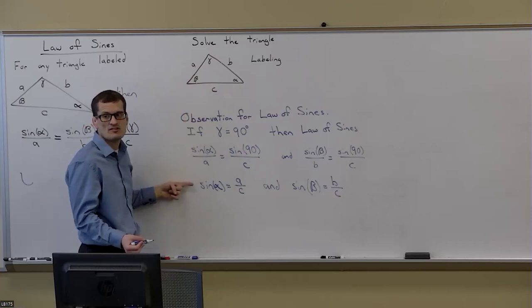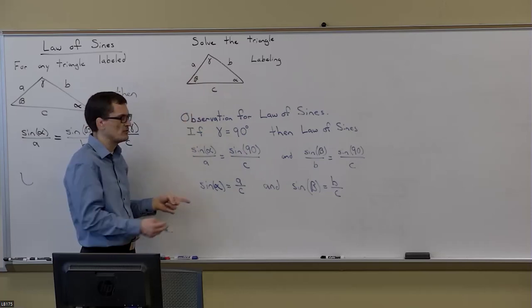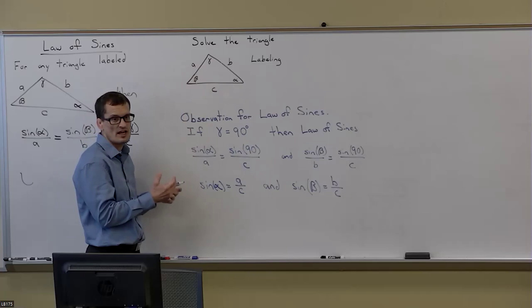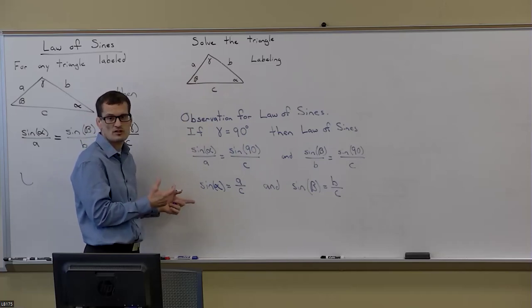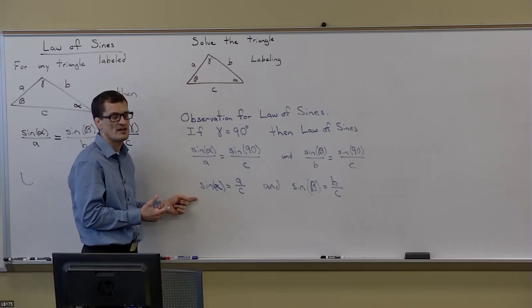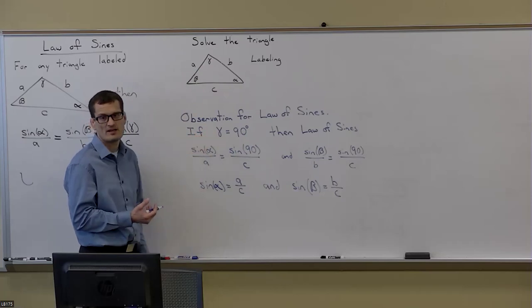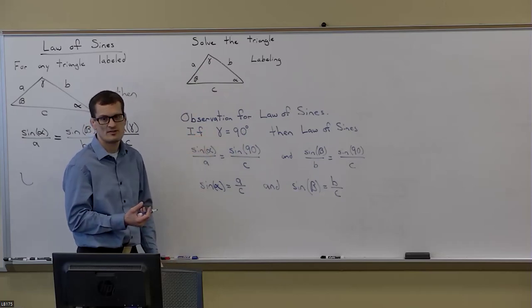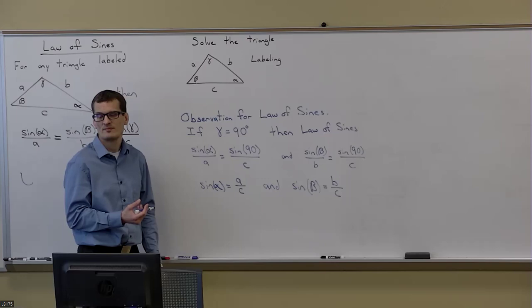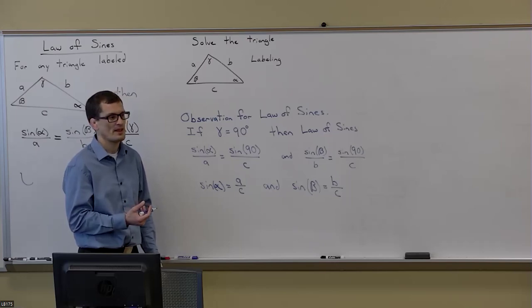So the law of sines gives me back, essentially, the SOH part of SOHCAHTOA. We get that? So the law of sines is giving me back SOHCAHTOA in the case when gamma is 90 degrees. We follow that?